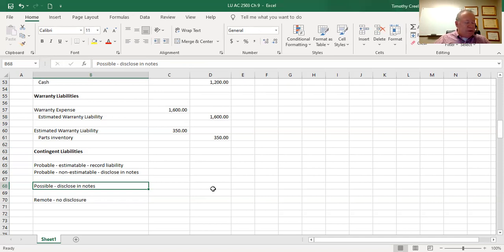Now, if it's remote and it's a frivolous lawsuit, with very little chance you're going to lose, no disclosure would be necessary. So this is how a company would handle a contingent liability. So this is basically contingent liabilities.